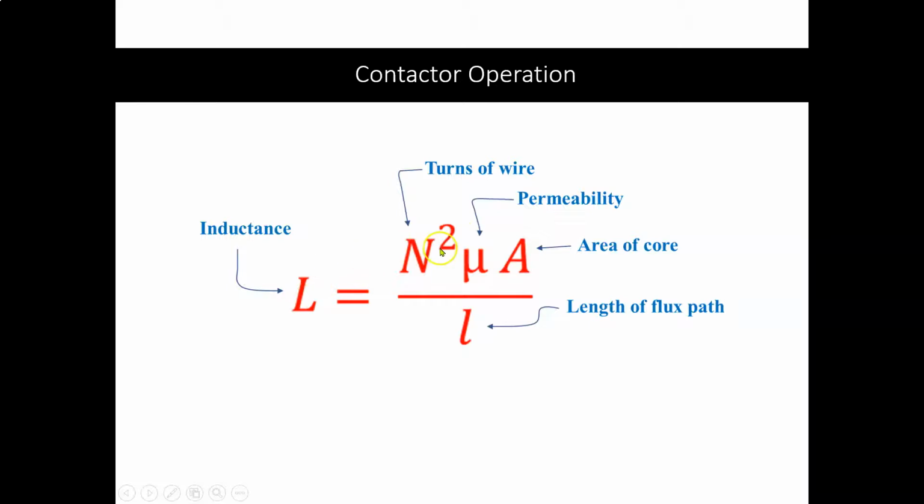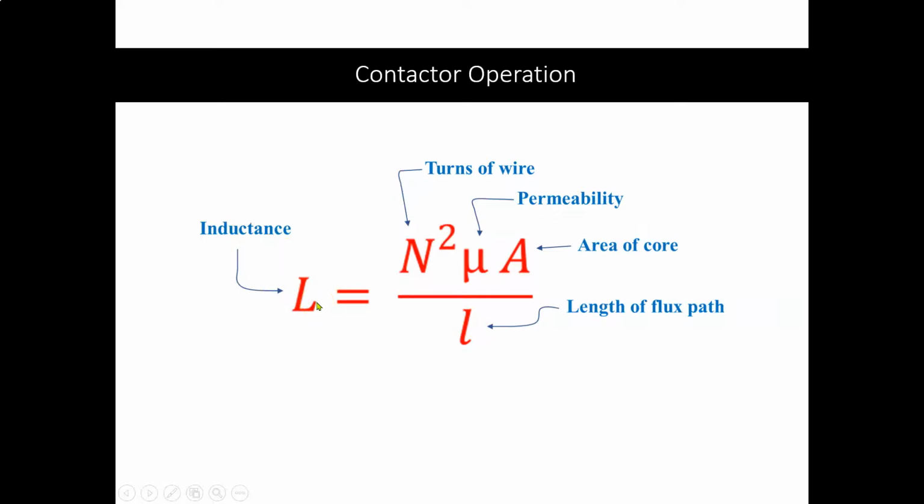So proportional. Increase or decrease any of these, it's going to do the exact same thing to my inductance. But the length of the flux path, if I increase the length of my flux path, it's going to do the opposite. It's going to drop my inductance. Inductance is going to go down. If I decrease my flux path, my inductance is going to go up, right?